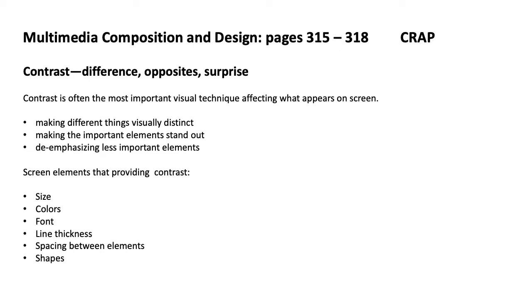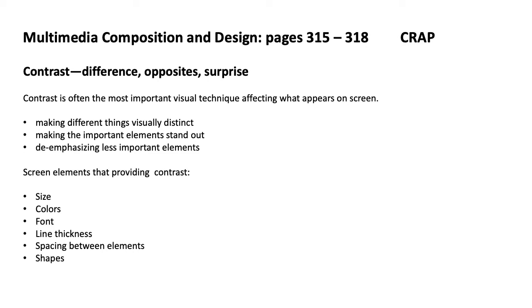So the point of contrast, it makes things visually distinct. It makes them stand out, so they're basically easy to see. It emphasizes the important information, the things you want to really jump out, have people see first. It de-emphasizes the things that are of secondary importance.